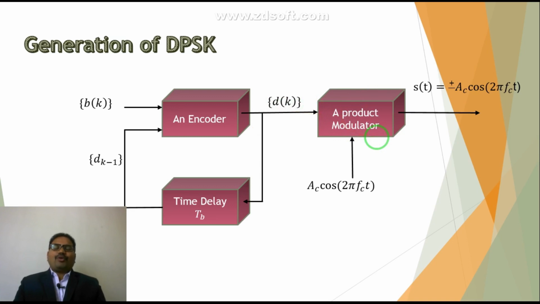And this product modulator has a carrier sinusoidal wave which has a fixed amplitude A and a fixed frequency fc. So the output of this product modulator is nothing but the multiplication of the encoded data and the carrier wave. So it would be plus or minus A cos(2π fc t).